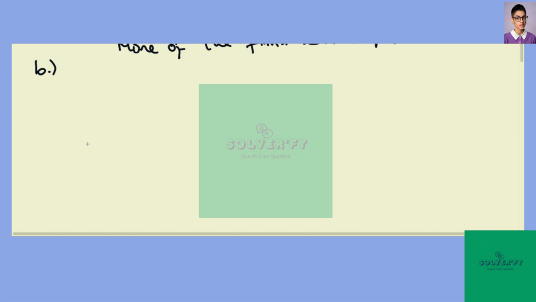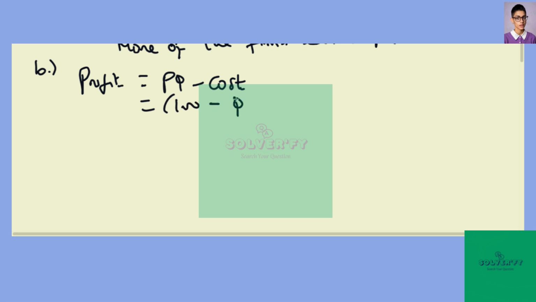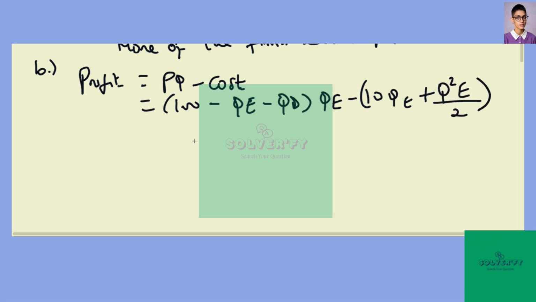So in a Cournot Nash equilibrium, the profit is determined as PQ minus cost, and then this will be equal to (100 minus QE minus QD) times QE minus (10 QE plus QE squared divided by 2).